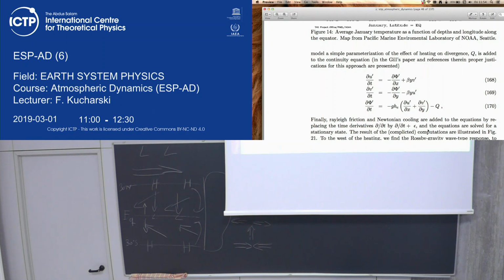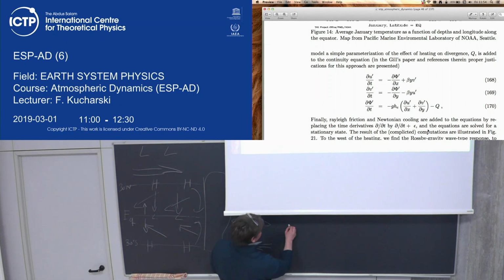That can be done. And then you have a forcing, and in that case you may have a problem that, since you have a forcing of neutral equations, they may just start to grow infinitely. So you need some kind of damping. What he has done in the paper is he has introduced Rayleigh damping terms.